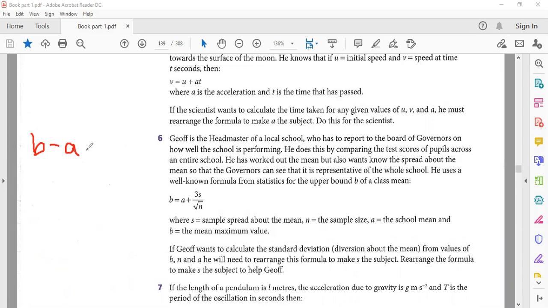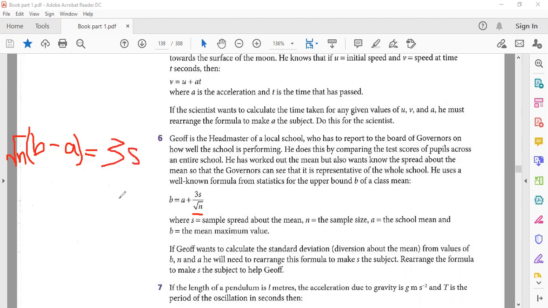Next step: here you can see this under root n is divide. Once you go to the other side, it's a multiply. So here I multiply with n. And this one is 3s.